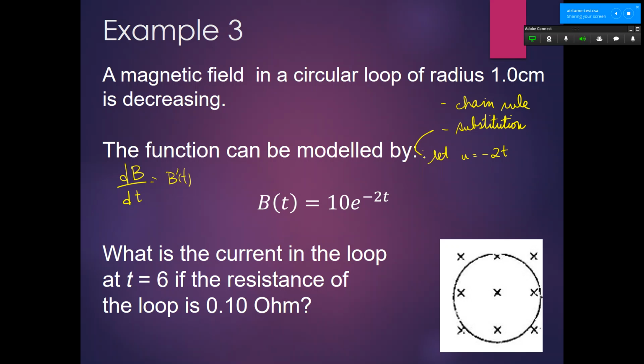And if we let u is equal to negative 2 times t, then we can say that du is equal to negative 2 dt. All right, so what I did is the derivative of u is du, and the derivative of negative 2t is negative 2 dt.